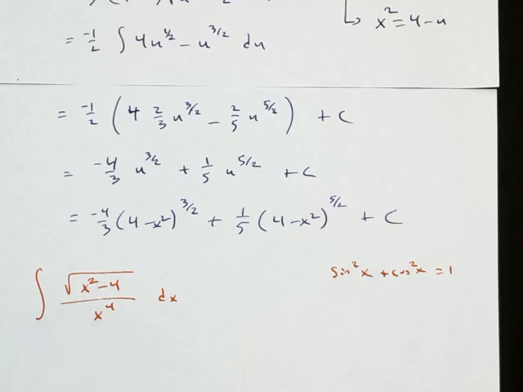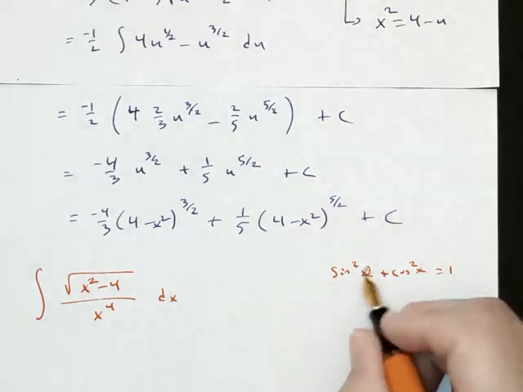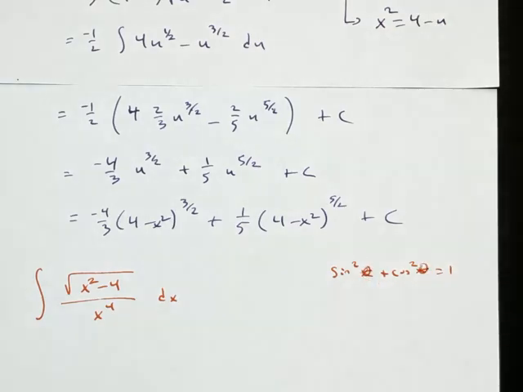If I try and do that here, and I say x is, well, we used theta up here, if I say x equals 2 sine theta, what happens here?